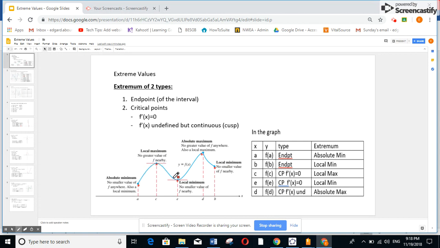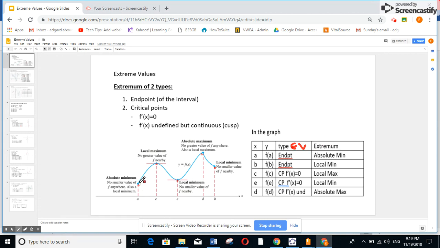Any other maximum or minimum is called local because it is neither the highest nor the lowest. So if I take this graph, with x and y, what type of extreme values do we have? EV.